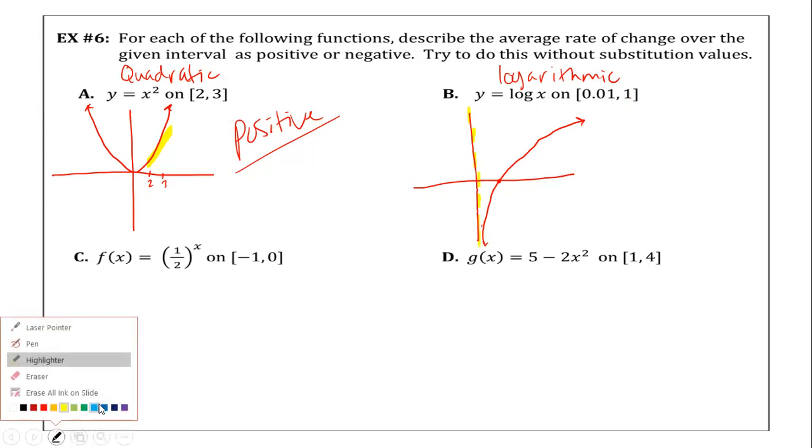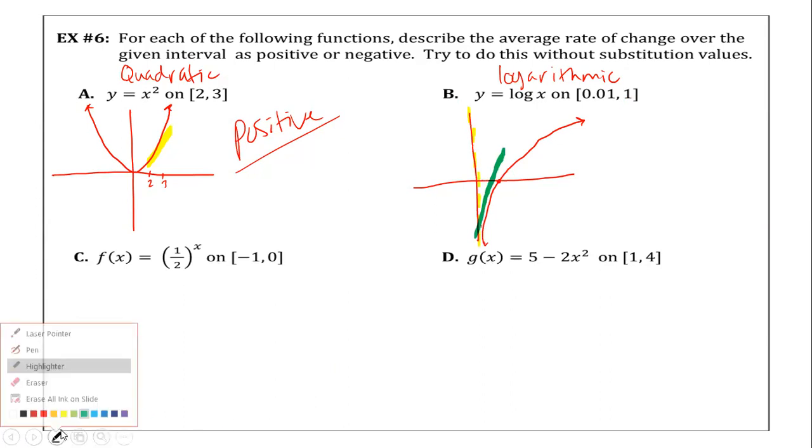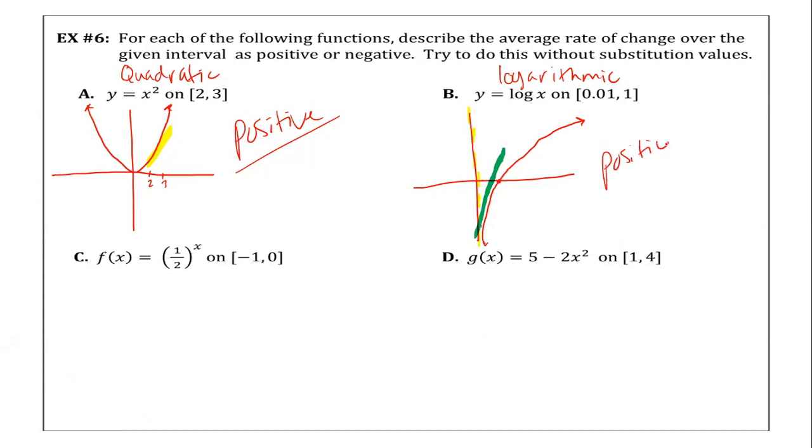We read the graphs from left to right. So when I'm reading from left to right, to get from here to here, it's doing what? It's going up, it's increasing. So we have a positive average rate of change. Sorry, I didn't write average rate over there either.